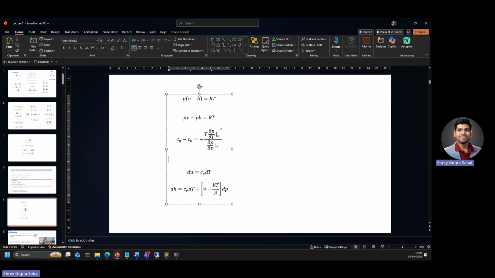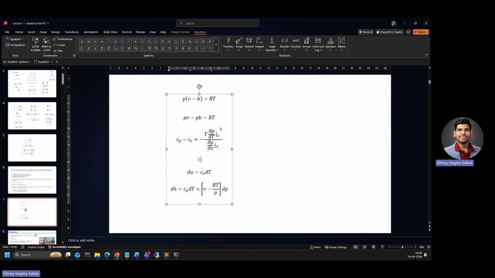What are we getting here? Minus T times R by V minus B, whole squared, divided by RT... there will be a minus here, I think.